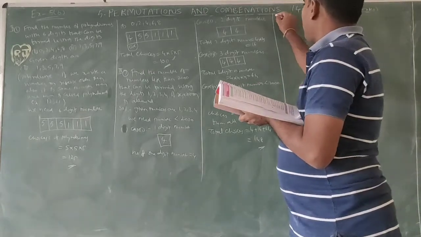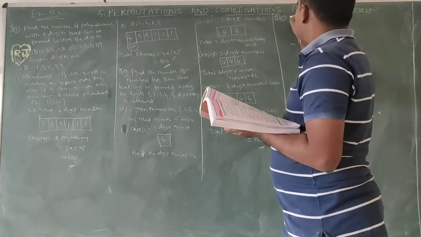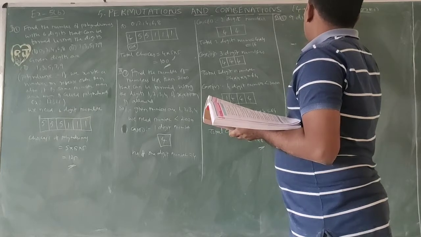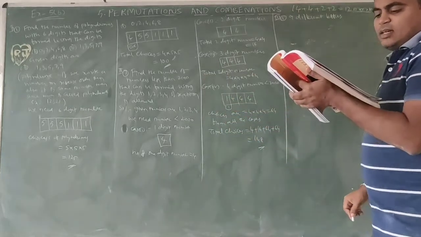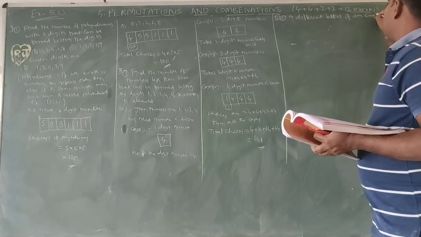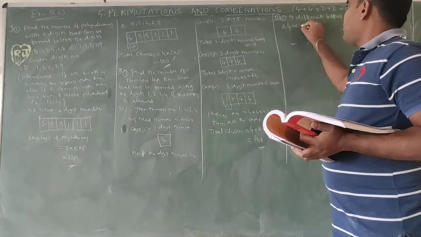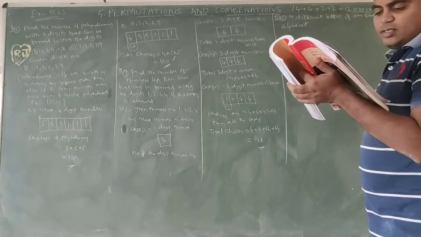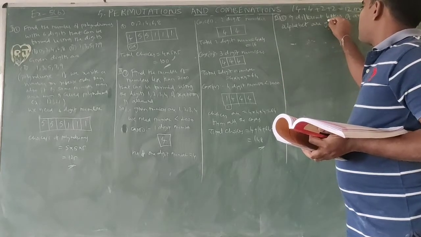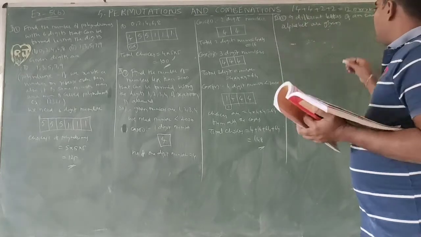First question. 9 different letters of an English alphabet are given.